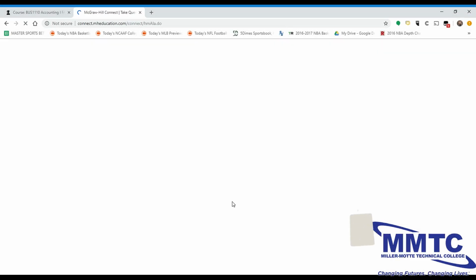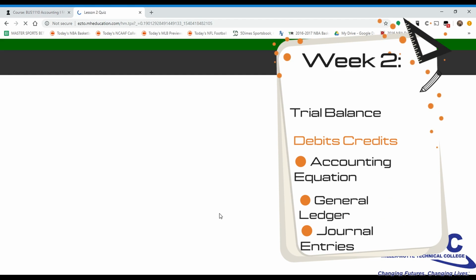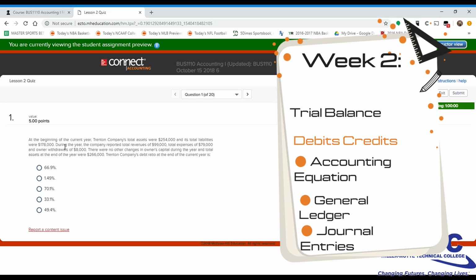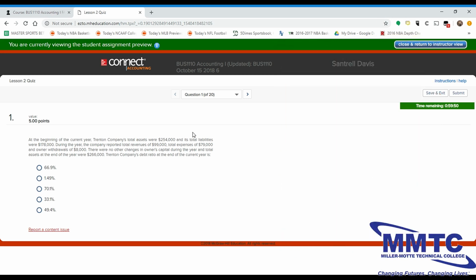Alright, this is your lesson 2 quiz. Week 2, lesson 2. The lesson for this week is about the trial balance. So we're going to go through the trial balance, also making journal entries. A lot of the fundamental principles from last week, like what's the debit, what's the credit, how does it affect assets, how does it affect liabilities.